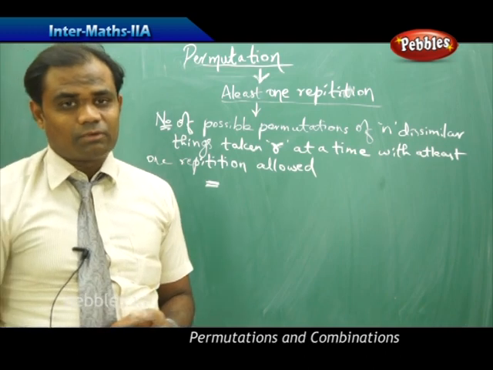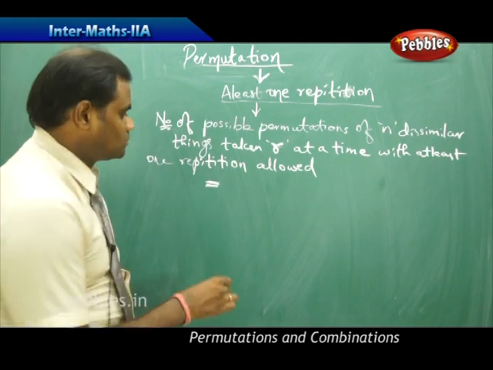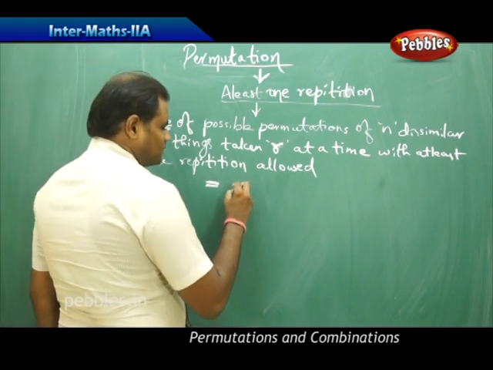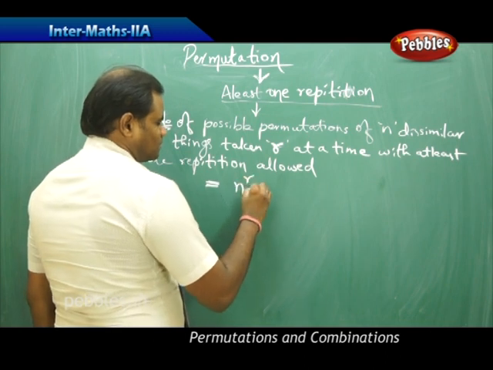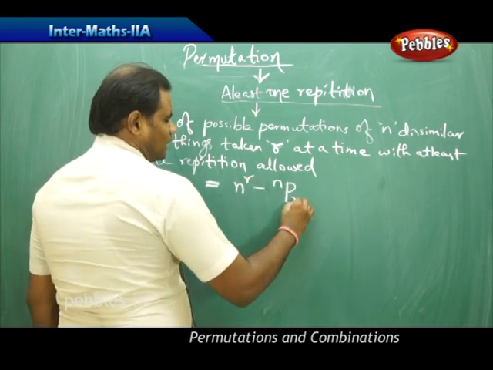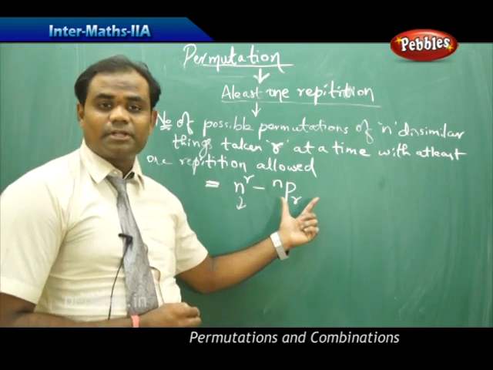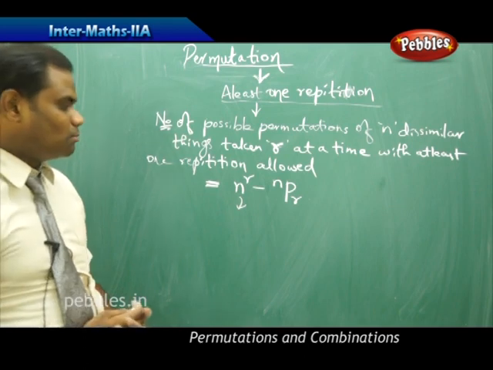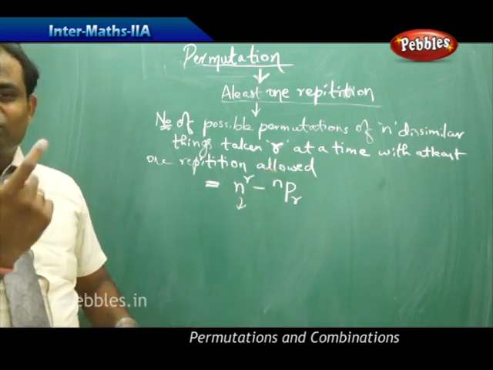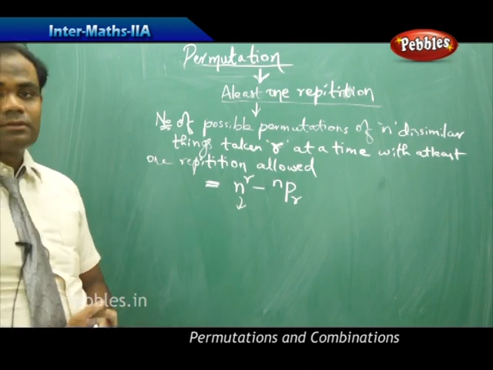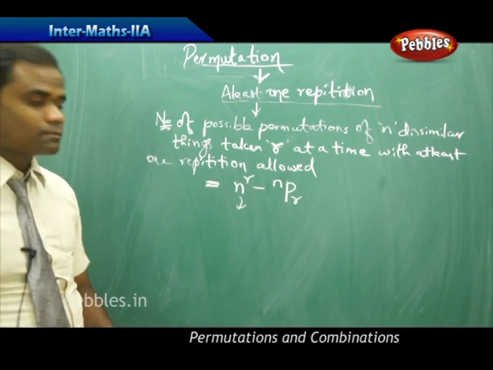So this clearly gives me the formula n power r minus nPr, because this is when repetition is allowed and this is when repetition is not allowed. Removing all the permutations where repetition is not allowed, we get the permutations with at least one repetition.